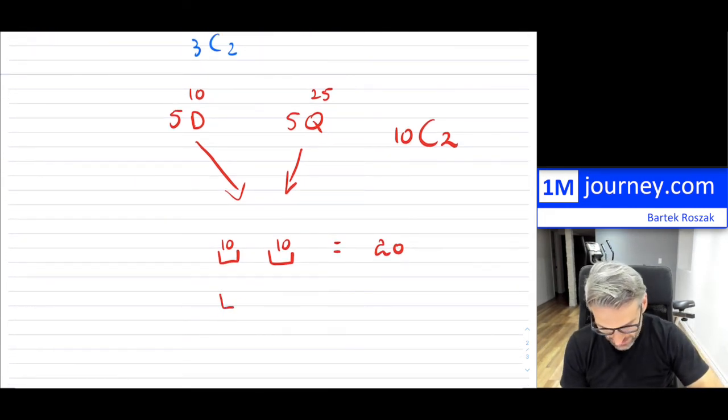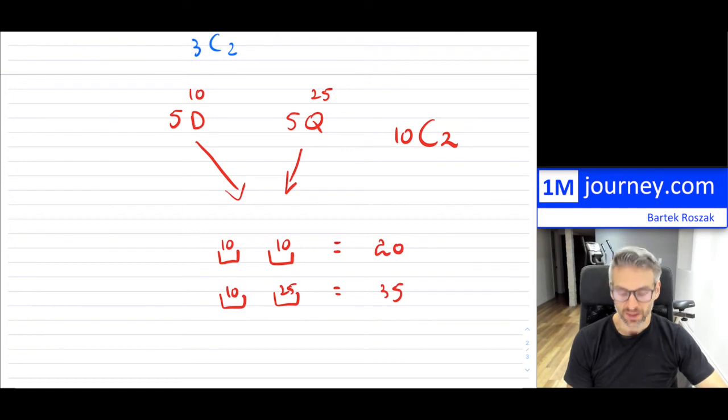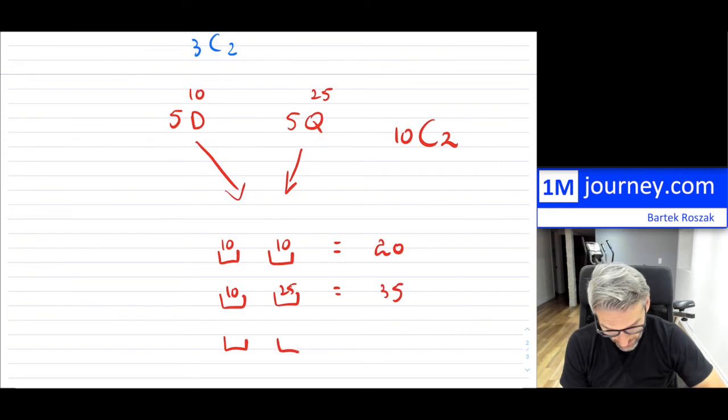You can pick a dime and a quarter, and that is 35 cents, the sum. Can you pick another combination with a dime? No, not really. So the only one left now is the 25, but that would have been just a quarter and a quarter, and that is 50 cents.